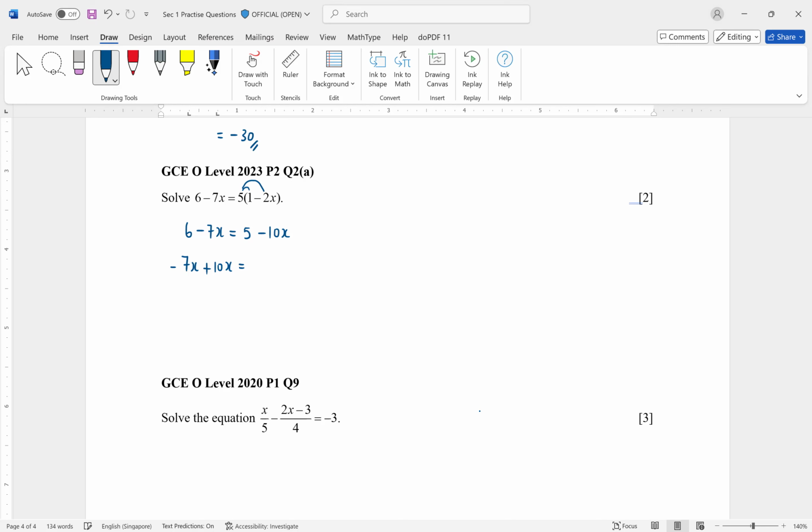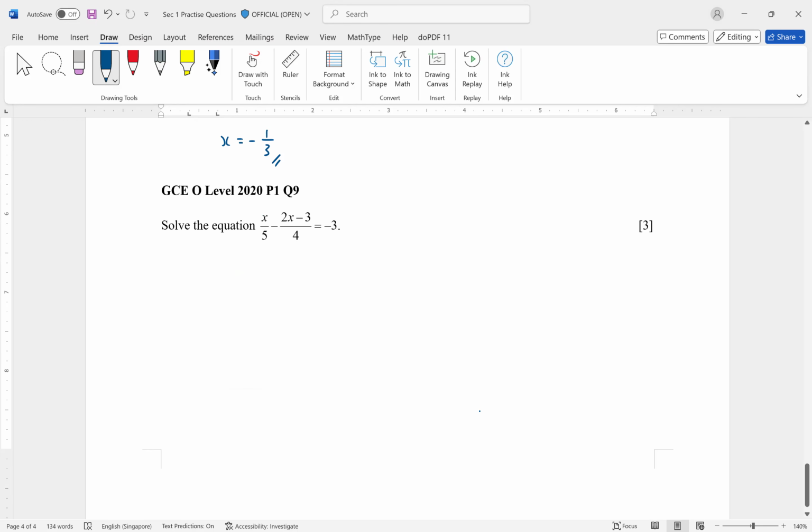The 5, you didn't move it, so it still remains as a 5. The positive 6 goes to the right side, becomes negative 6, right? So from here we will have 3x equals negative 1. It's 3 times x on the left side, so the 3 goes to the other side and becomes a divide. So we have this, right?